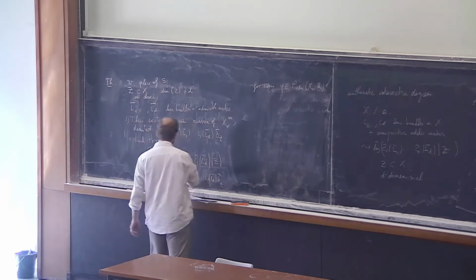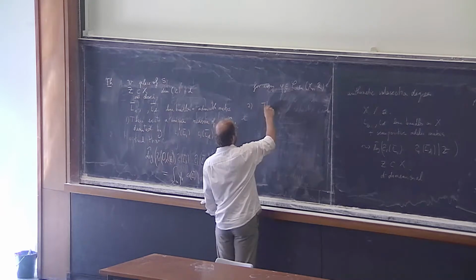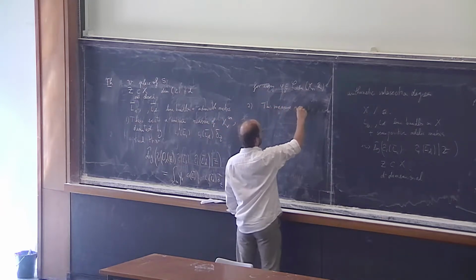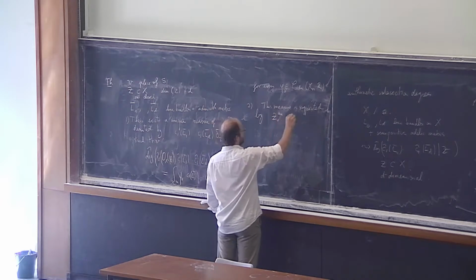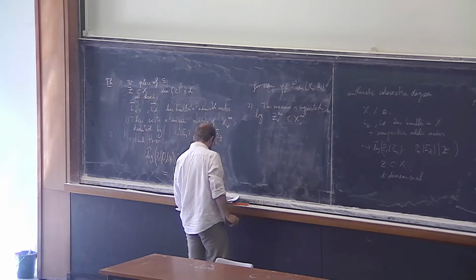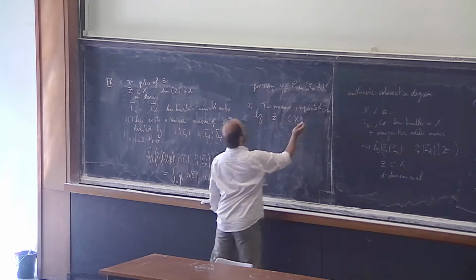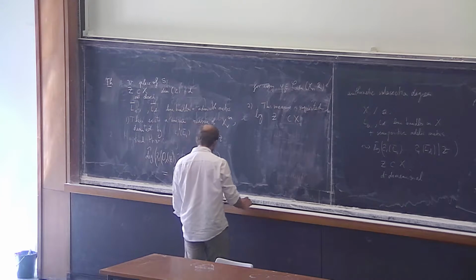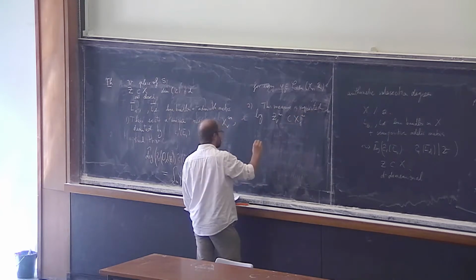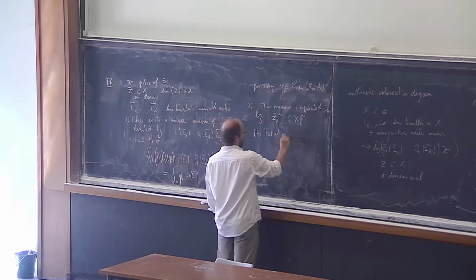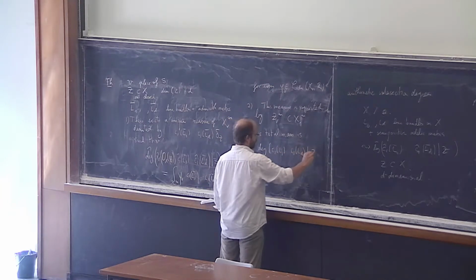Or maybe I should write phi_v. And the second part is that this measure is supported by Z_v^an, the analytic space of Z. And its total mass is the degree of c_1(L_1), ..., c_1(L_d) on Z, so the geometric degree.